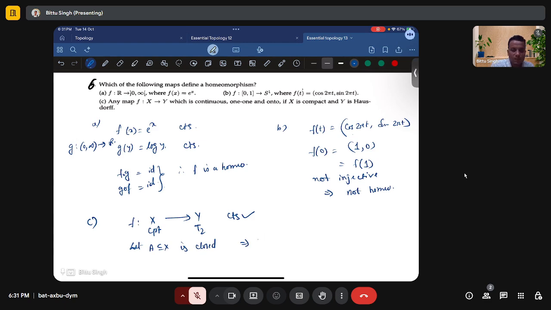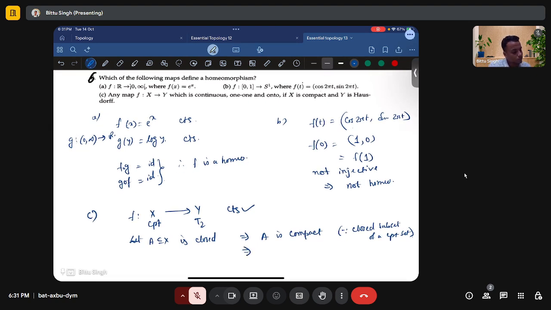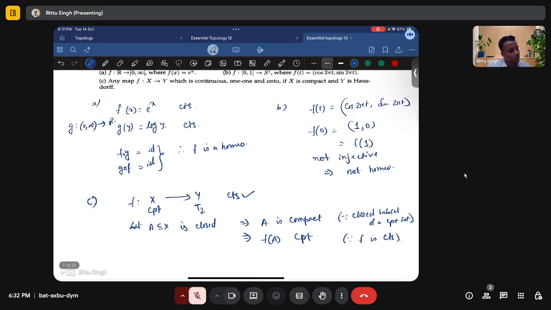Every closed subset of a compact set is compact. Therefore, A is compact, since it is a closed subset of a compact set. Therefore f of A will be compact, since f is continuous and the image of a compact set is compact.